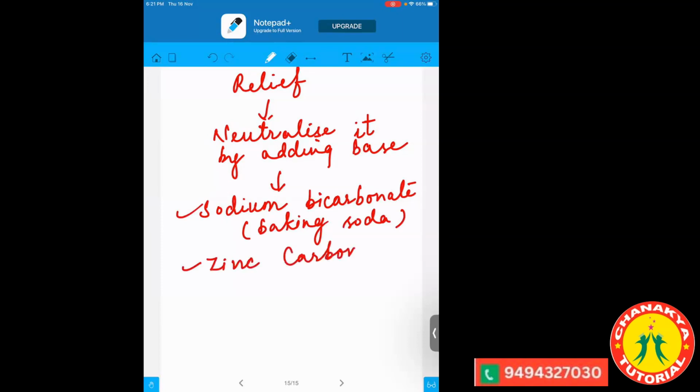And what is the other name of zinc carbonate? Calamine solution. So to neutralize the reaction, out of these two substances, any one can be added. Either the baking soda, which is sodium bicarbonate, or the zinc carbonate, which is the calamine solution. So we will be getting relief from the pain.